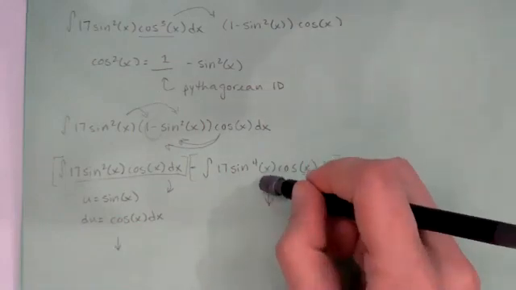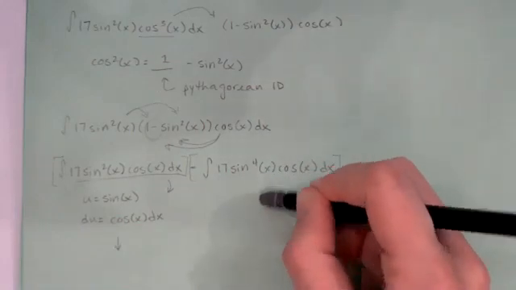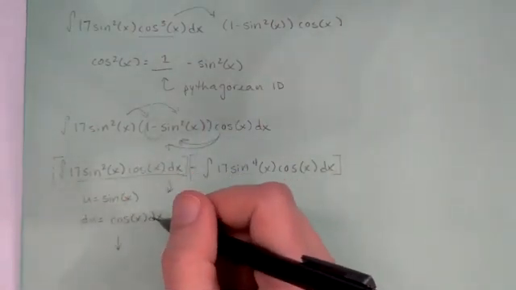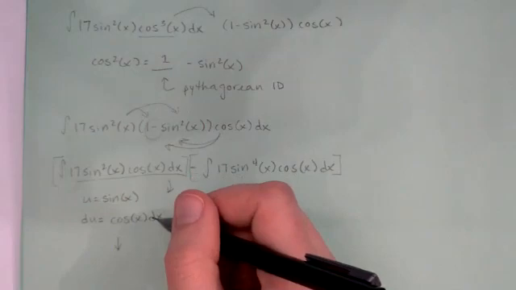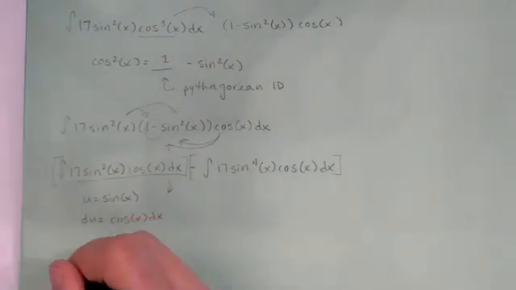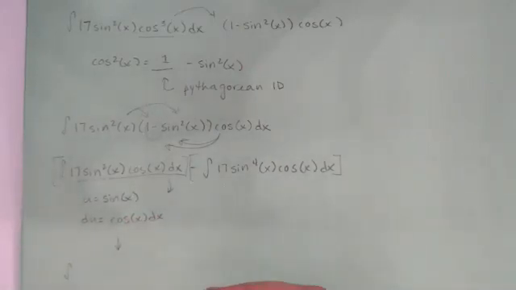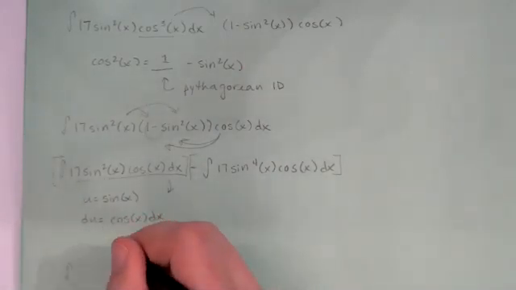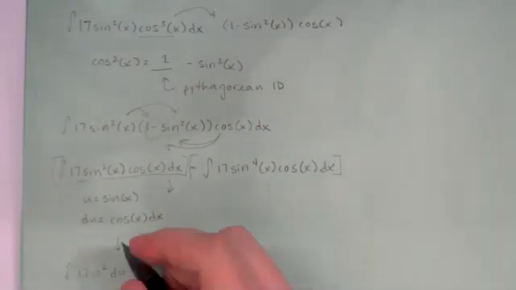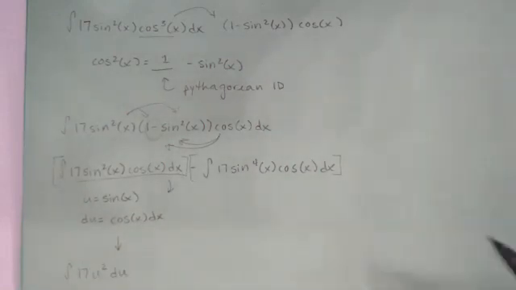Or actually, no, not yet. So from this, you should end up with the integral of 17 u squared du, which is not too bad.